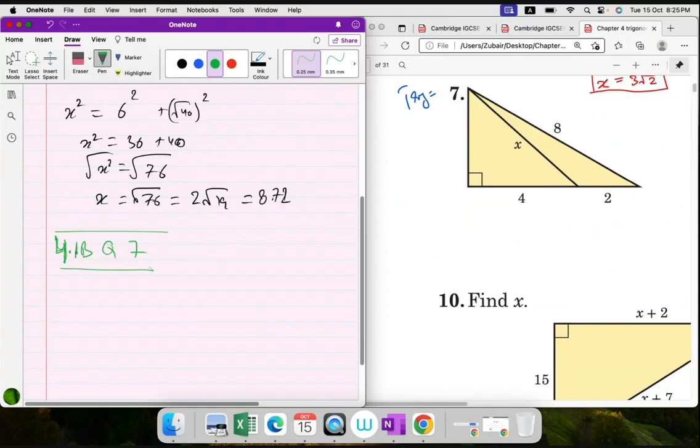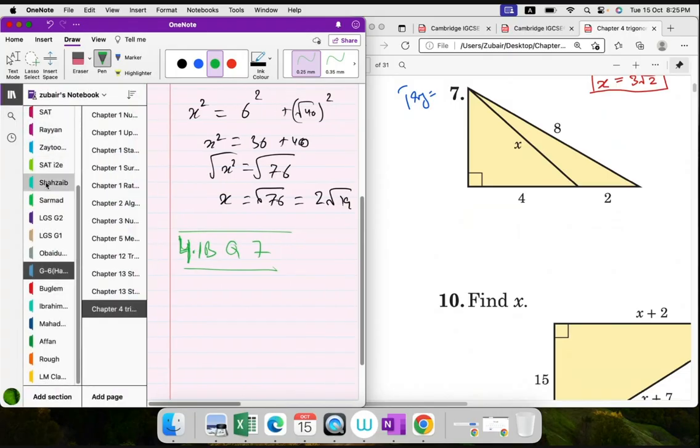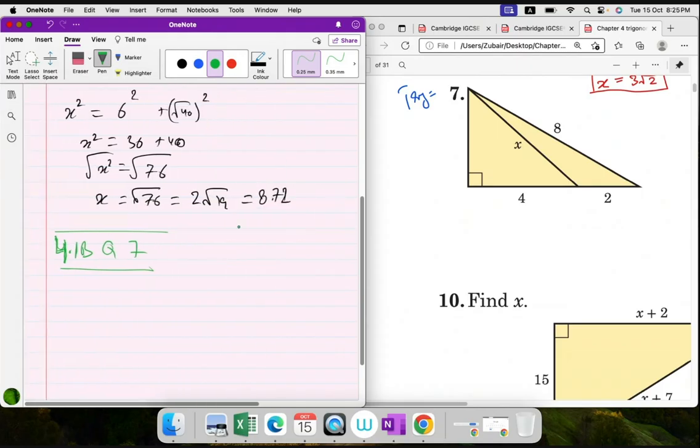Aris, you still have access to this sheet and Ali also? The OneNote? Yes, sir. Okay. So I got 6.633. Okay, so that's correct.